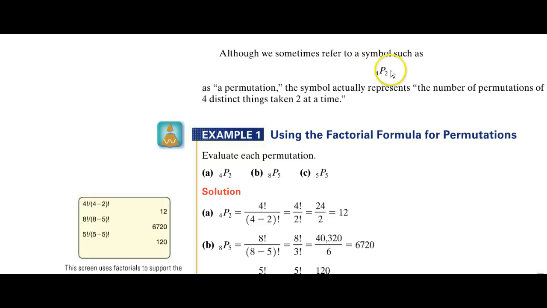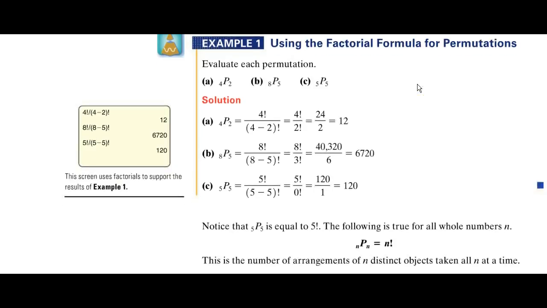And to understand the symbolism of it a little, here we have 4 items that we're going to use permutations, and we're going to take 2 at a time. So we want to put that into our formula, and we'll pretty much follow what is here. Now, looking at this first one, we see that there are 4 items.